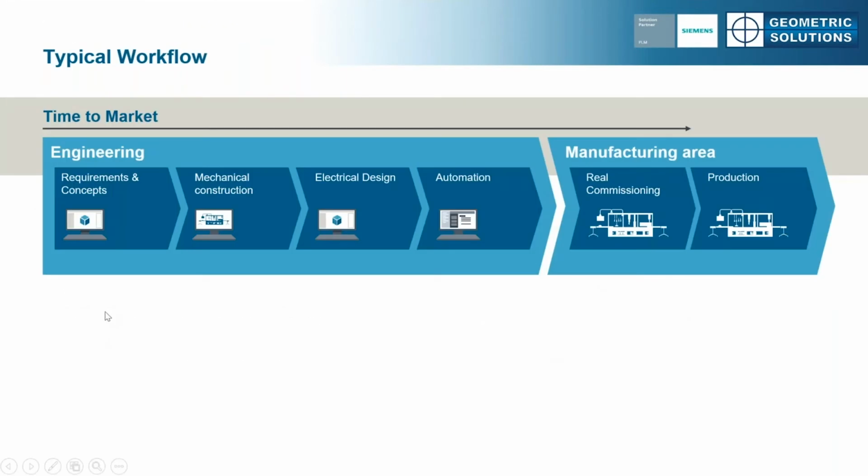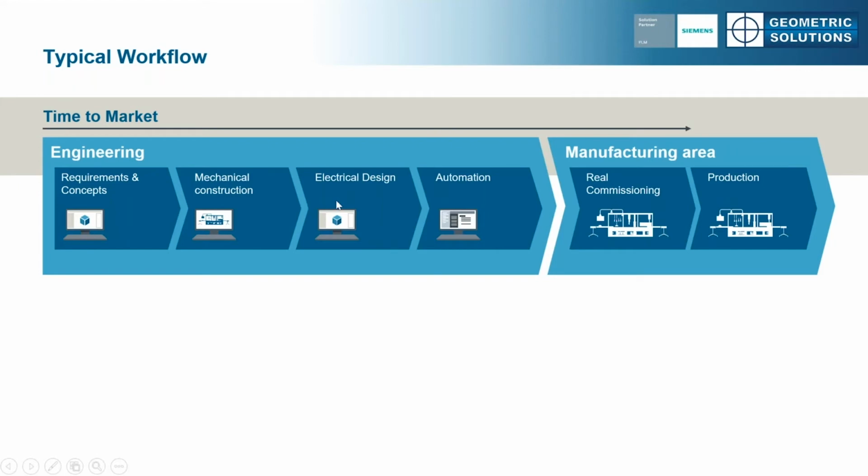Now let's take a moment and just think about the way that we're doing this now. So this is a typical workflow. Likely you guys are having the same thing in your company. Of course, you start with the requirements. You start making some concepts. Well, then mechanical design gets started, and along with that, some mechanical construction. So you get the machine ready to go, you start building it, and then electrical, they get involved.